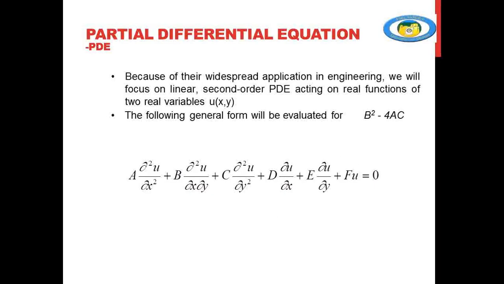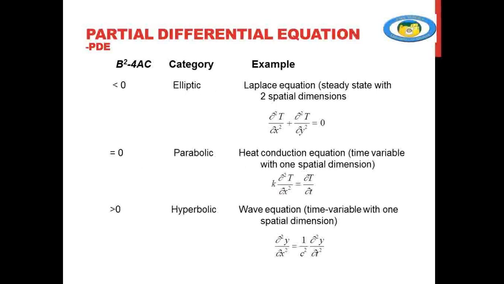So you can see here a is 1, and the coefficient pertaining to the second derivative with respect to time is negative 1 over c squared. C squared is always positive, so negative 1 over c squared is always negative. So the coefficient c is always negative, so 4 times a times c is negative, and minus 4ac is positive. And b is 0 here. So that should give you b squared minus 4ac to be positive. So this is a hyperbolic partial differential equation.